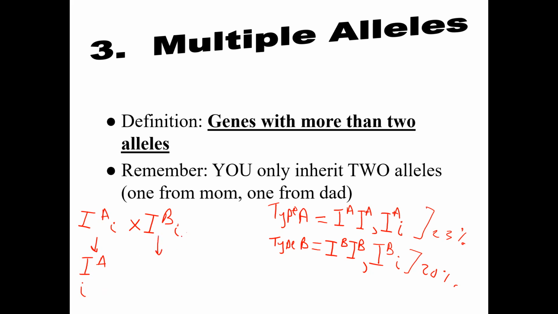Remember I write O like this because it is recessive, right? So capital I is dominant, common i is recessive. Of course, the B person can donate that, okay? So if we throw this in a Punnett square now, we of course end up with this here.